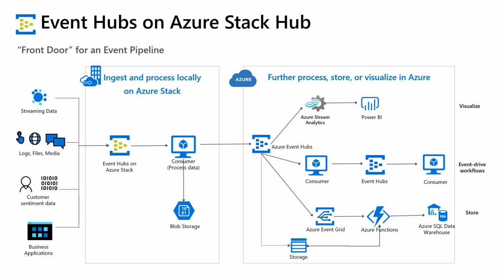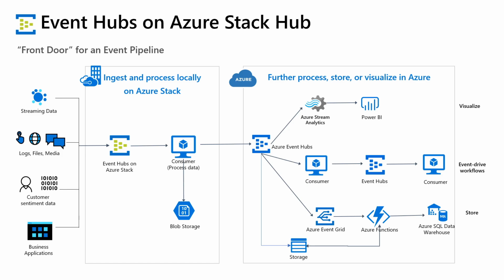Now, imagine a scenario where you want to further process, store, or visualize that data, and you need more compute and cloud power. A good example would be customer sentiment data, a Twitter feed where you want to see whether the customers are happy about your product, or disappointed about the customer service provided, or what their take is on your products.